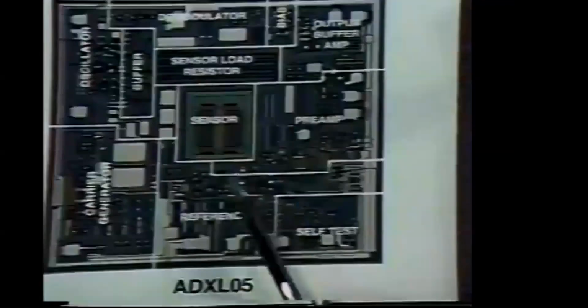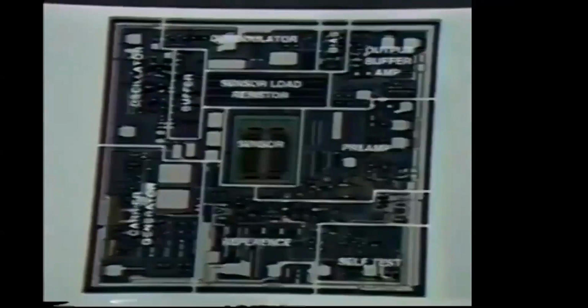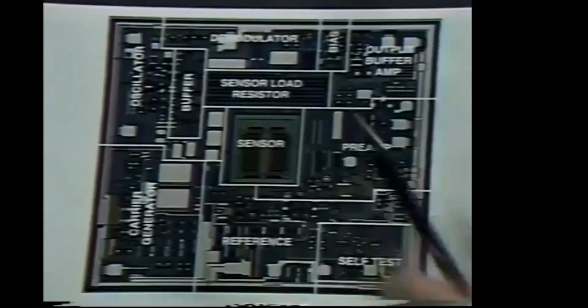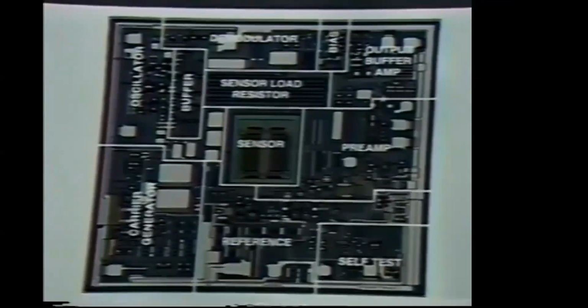The improvements in terms of sensitivity and bandwidth were done mostly through improvements in the sensor. Some of you might have noticed that the original XL50 sensor was slightly offset from the center of the die.